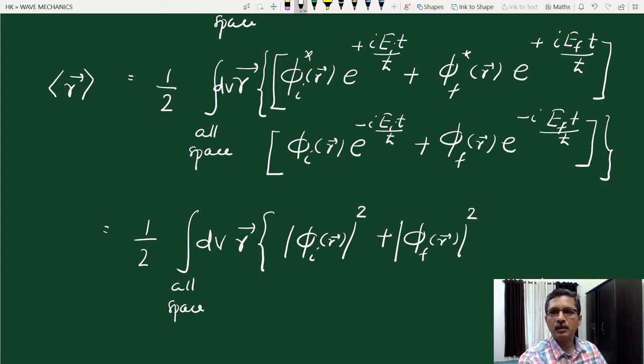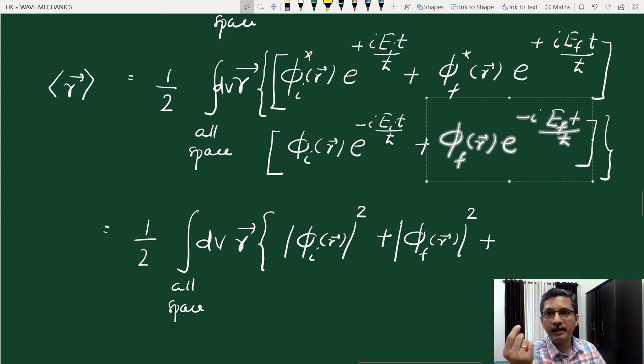Then let us consider the cross terms. The first cross term is when you multiply phi I star e raised to minus I E I t by h cross with phi f e raised to minus I E f t by h cross. So one exponential term is e raised to plus I E I t, the other is minus I E f t. Energy values are different, so the exponential terms will not cancel each other.